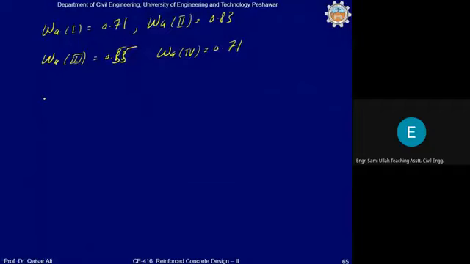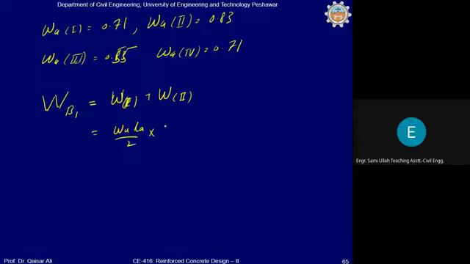So W on B1 will be equal to W from panel 1 plus W from panel 2. From panel 1, the load will be equal to WU LA by 2 multiplied by its coefficient. So coefficient is 0.71. Correct? Plus WU LA by 2 multiplied by coefficient which is 0.83.